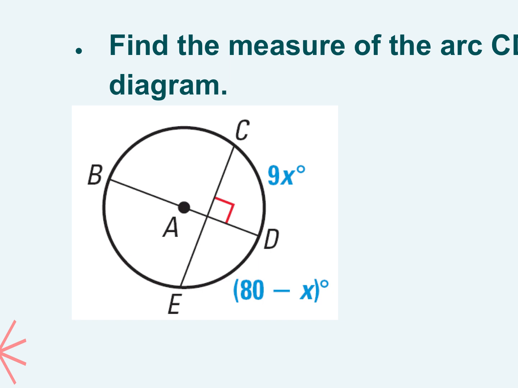Because I have my diameter and it's perpendicular to a chord, I know that it's bisecting the chord and the arc. So this is congruent to this, and this arc is congruent to this arc. I'm just going to write it here: perpendicular chord bisector theorem.